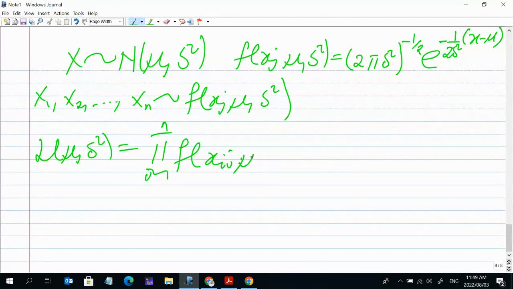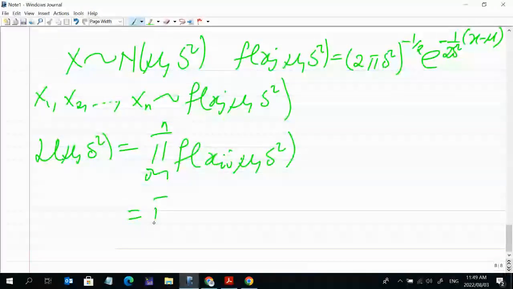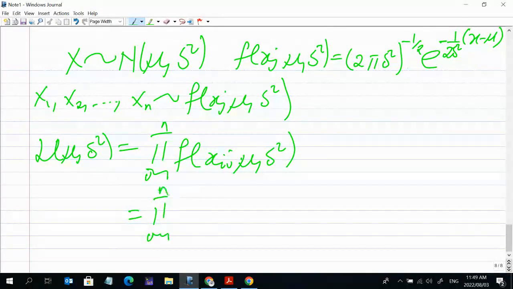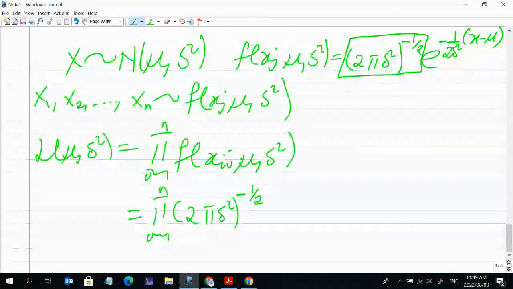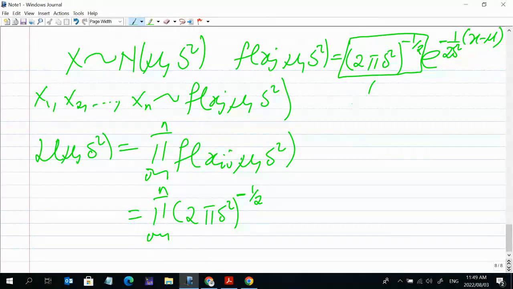So we have L of mu, sigma squared, and the product. Now we substitute the function, which is 2 pi sigma squared to the power minus 1 over 2. This one, again, to avoid the question we had on Monday, is nothing but 1 over the square root of 2 pi sigma squared. So you can write it like that.